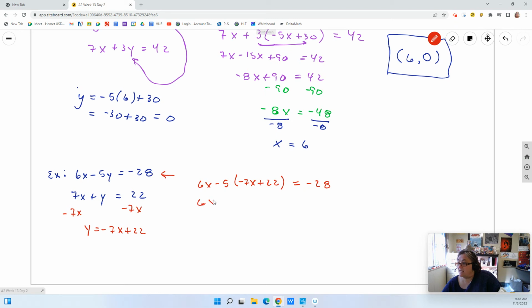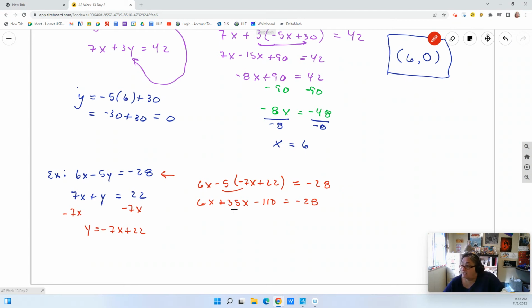So I've got 6x minus 5 times negative 7x is plus 35x, plus, shoot, I don't know what 5 times 22 is. 110? Is it 110? It's 110. Negative 110, right? Because we have a negative times a positive equals negative 28. And now I can just start solving for x.